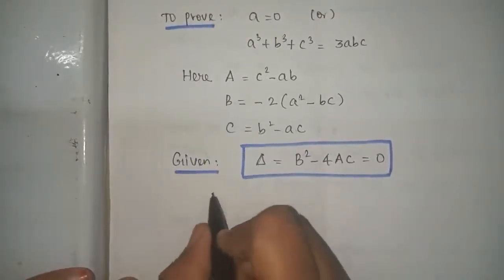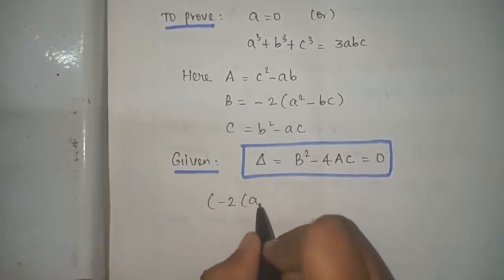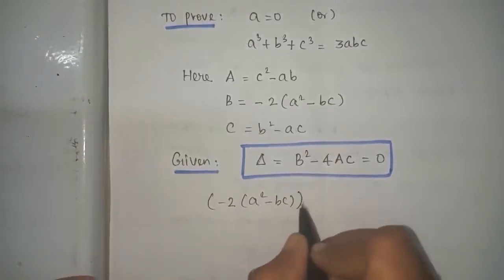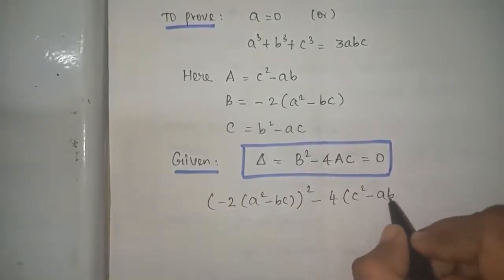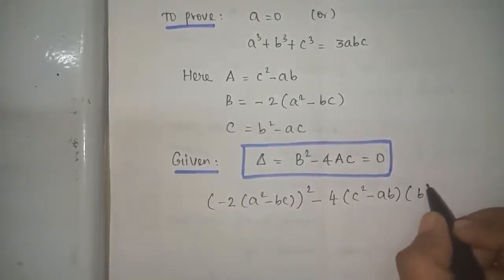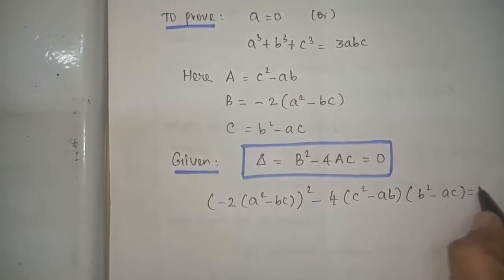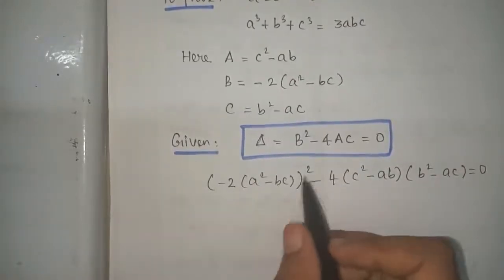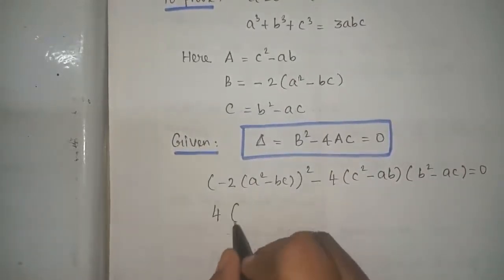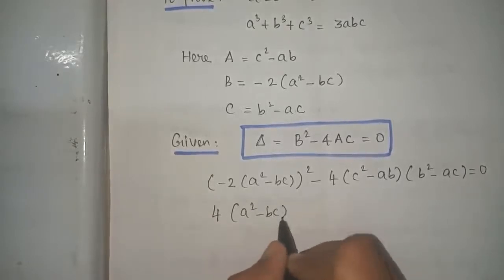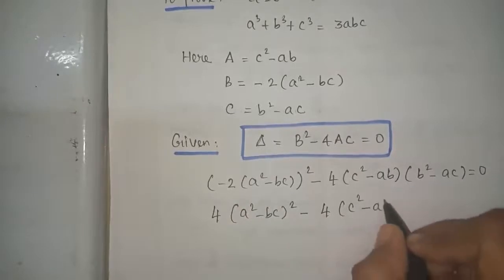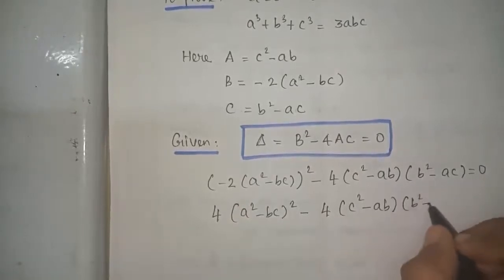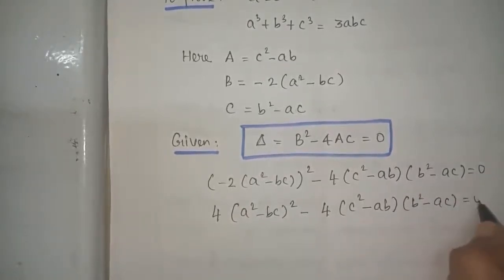So b value is minus 2 (a square minus bc) the whole square, minus 4 into a value, (c square minus ab), into c value, (b square minus ac), is equal to 0. So minus 2 the whole square is 4 (a square minus bc) the whole square minus 4 (c square minus ab)(b square minus ac) is equal to 0.